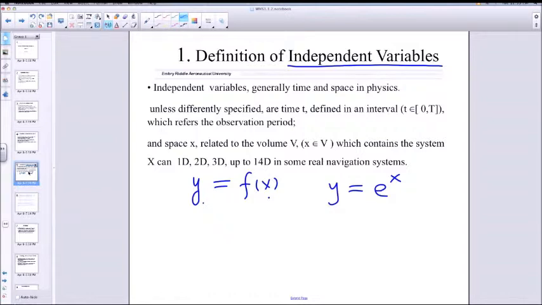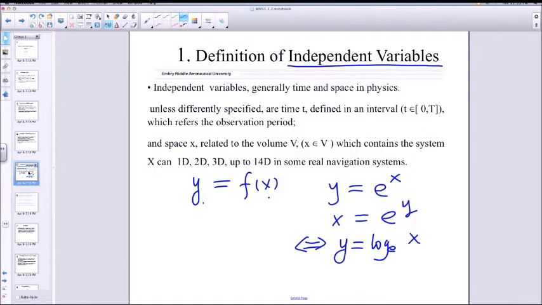But you can write this as x equals e to the y, which is the reverse function, equivalent to y equals logarithm of x. So now you switch the roles of x and y. So independent variable and dependent variable, in some circumstances, are relative. Keep that in mind.